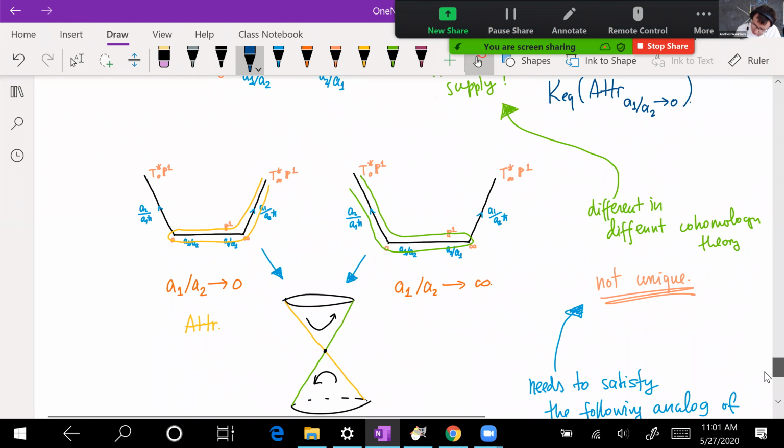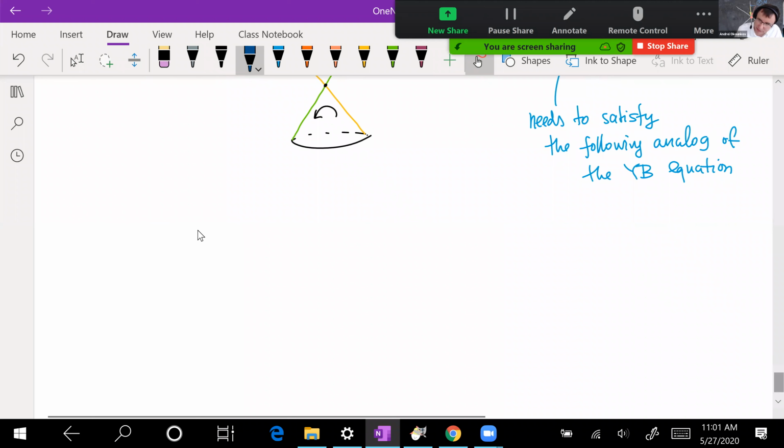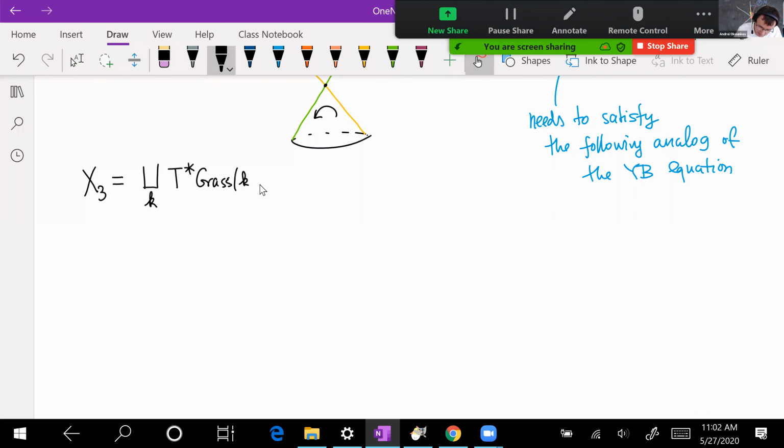So that's obvious from this picture. And so what is then the analog of the Yang-Baxter equation that we need to satisfy? Let's look at an R times X3. So X3 was, you know, the disjoint union over k of T star Grassmannian of k-dimensional subspaces in 3-dimensional space.